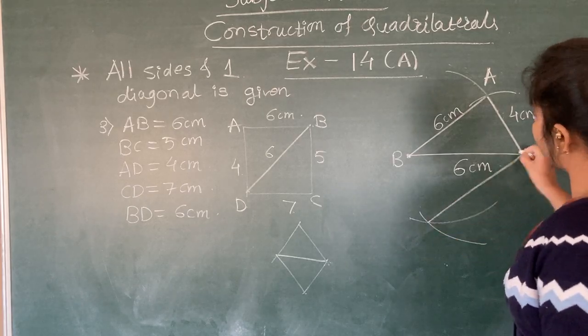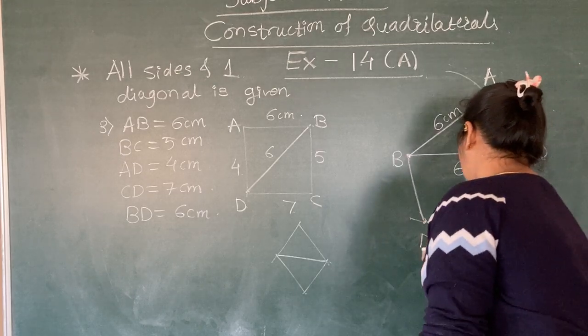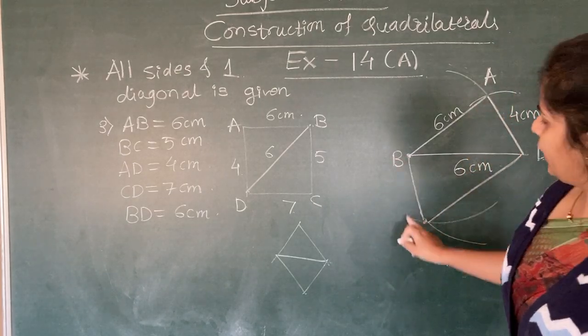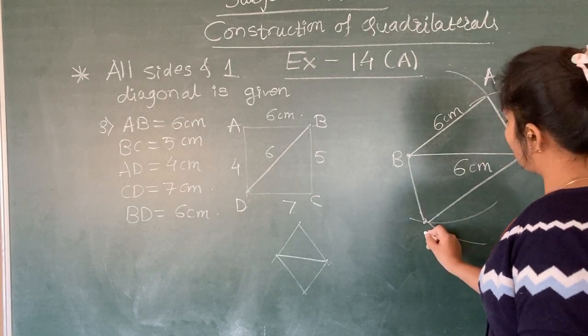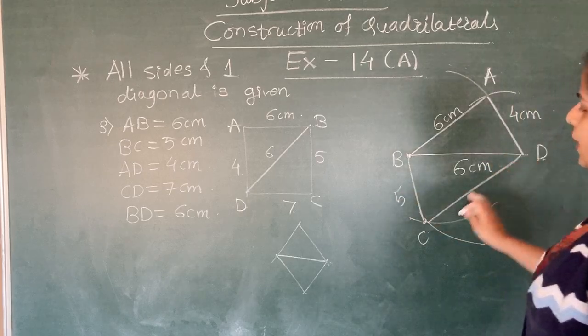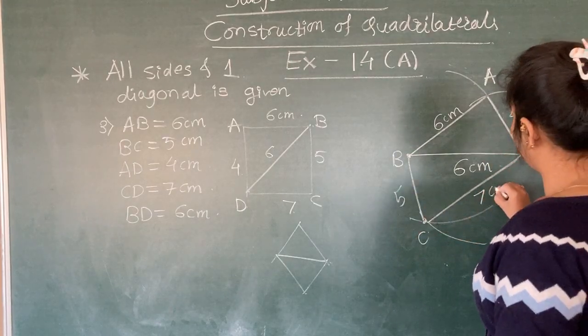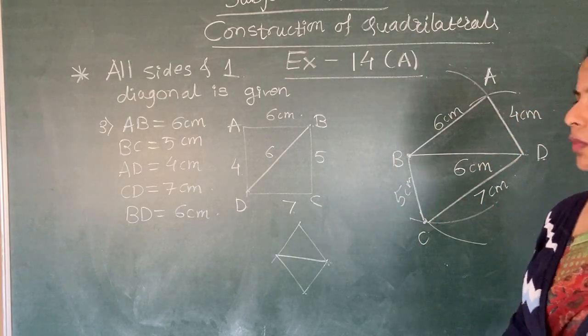Just join the point. You will get your point D. Sorry, B to C over here. I'm so sorry. B to C is 5 and C to D is 7 centimeters. Clear? Okay.